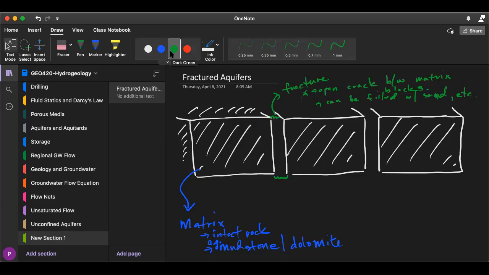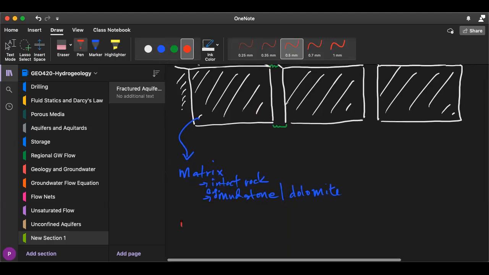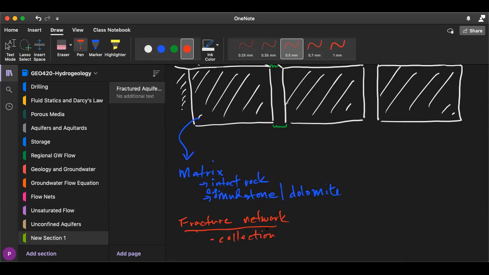So by a fracture network, I mean a series of fractures and matrix blocks. It's a collection of fractures and matrix blocks.